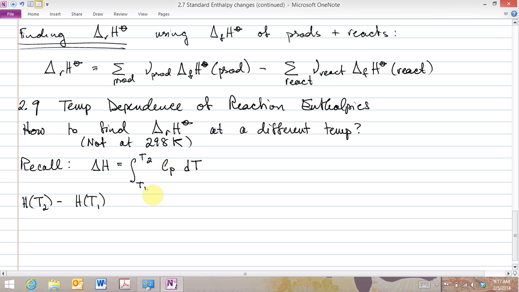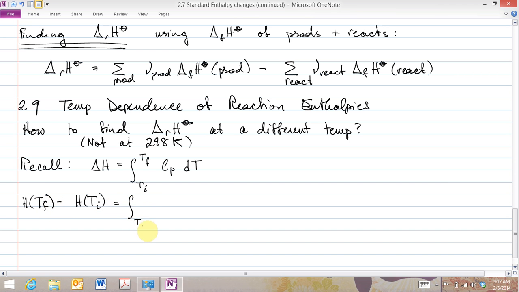You know what, maybe I will call this initial and final. Okay, there we go. All right.